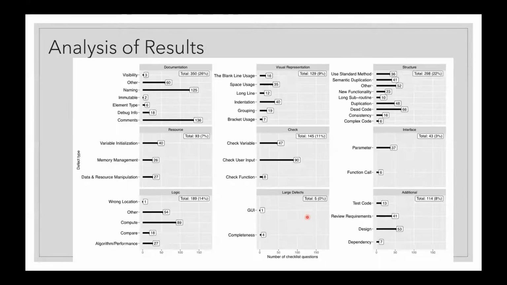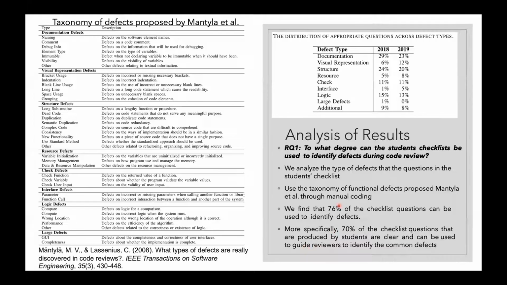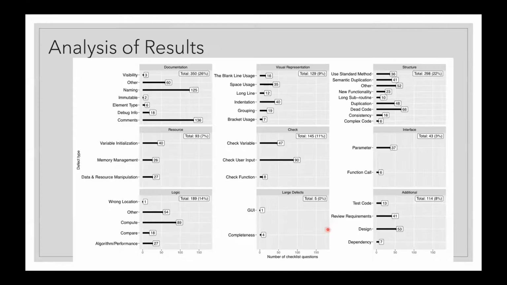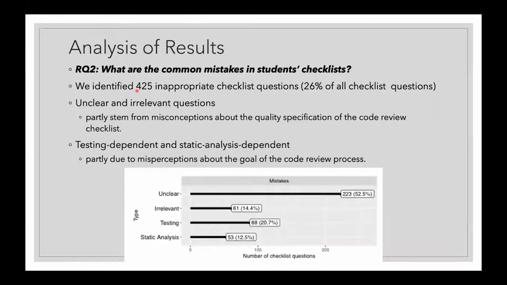That helps answer the first research question, where we identify that indeed a large amount, which is 76%, of the checklist questions can be used to identify defects. With regards to the second research question, what are the common mistakes in the student checklist? We identified 425 inappropriate checklist questions, which is 26% of all the checklist questions.